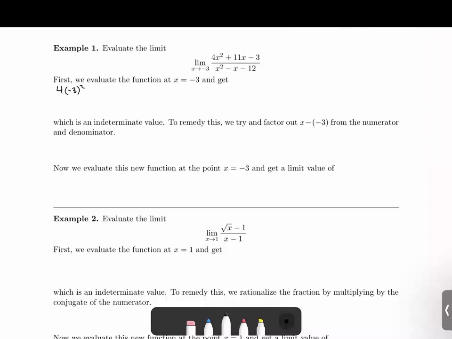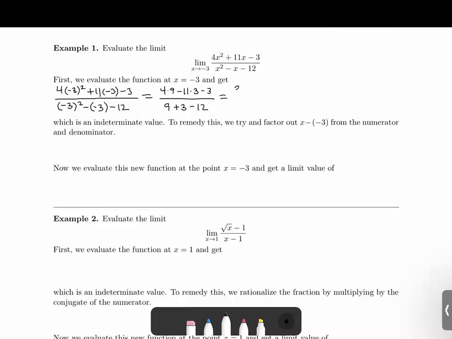So 4 times -3 squared plus 11 times -3 minus 3, over -3 squared minus -3 minus 12. Okay, and then I'm going to go ahead and simplify.